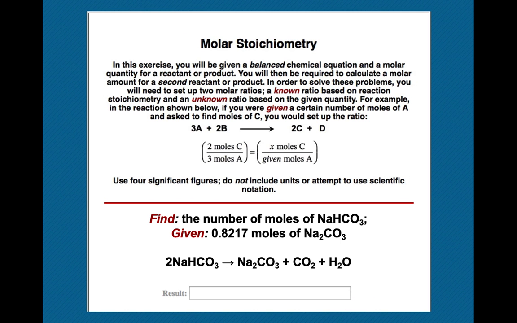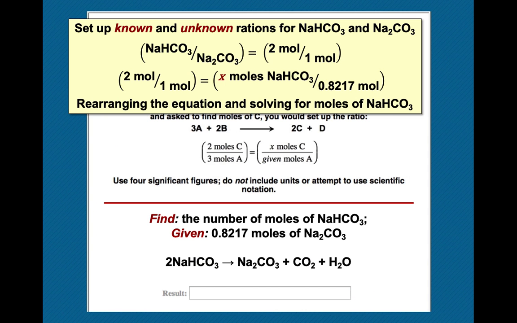First thing we would do is set up our known ratio. That's going to be 2 sodium hydrogen carbonates for every sodium carbonate. 2 to 1 is our ratio. Our unknown ratio, we're looking for sodium carbonate, that's this.